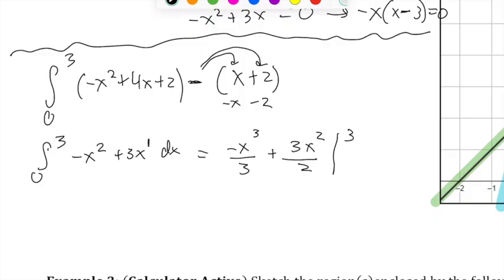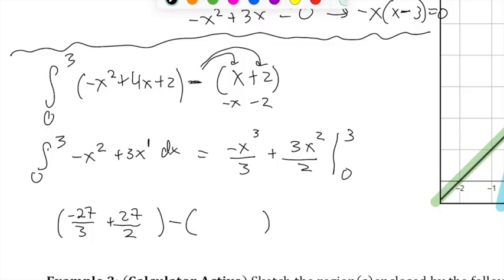And then I'm going to substitute 3 and 0 into my equation. So plugging in 3, I'm going to get 3 cubed, which is 27, over 3. And then plugging in here, I'm going to get 3 squared, which is 9, and then times 3, which is 27 again, over 2.